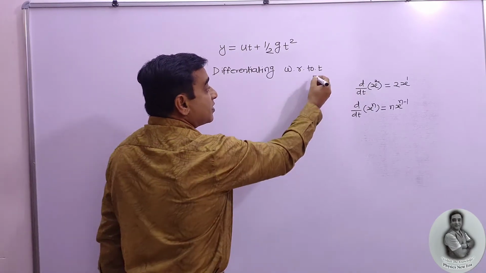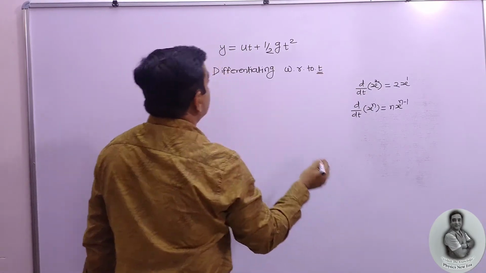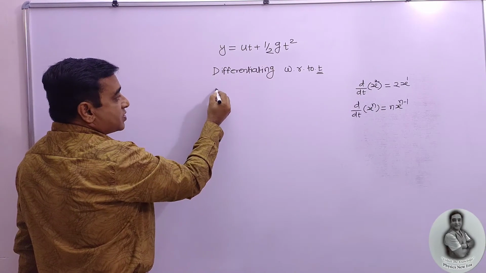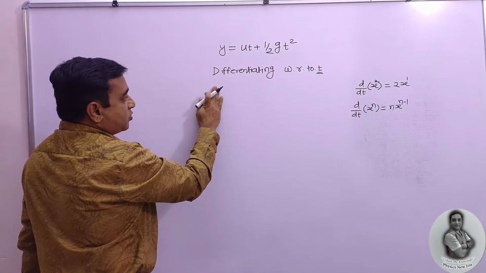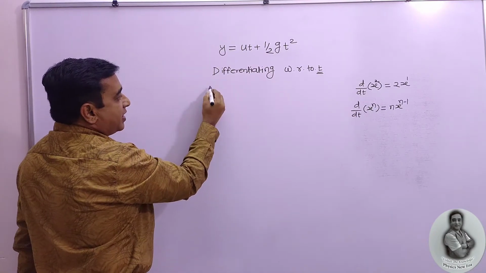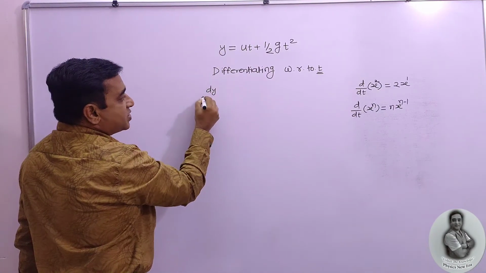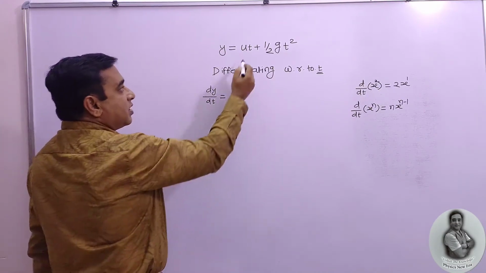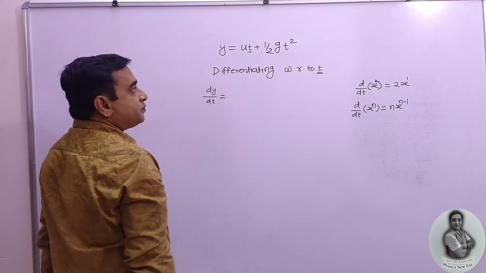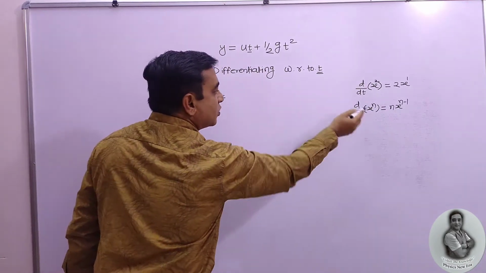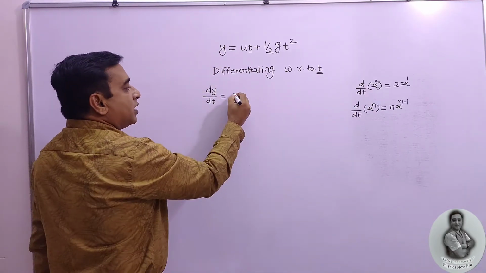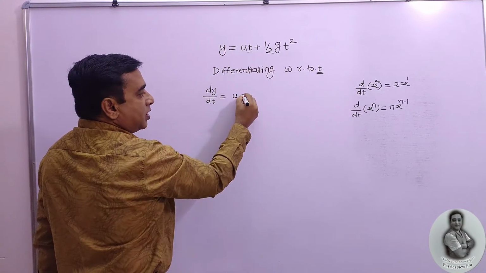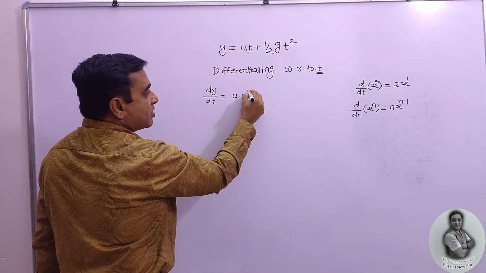But here I am going to differentiate with respect to t. So what happens here: I am going to write dy by dt, differentiating y with respect to t, which is given by, here only t remains. So apply this rule. Here u into 1 into t raised to power 0.